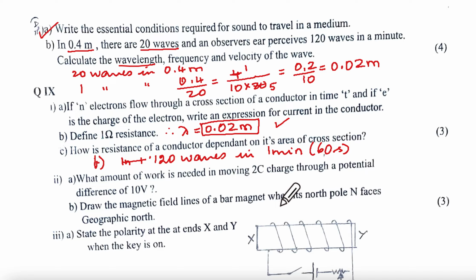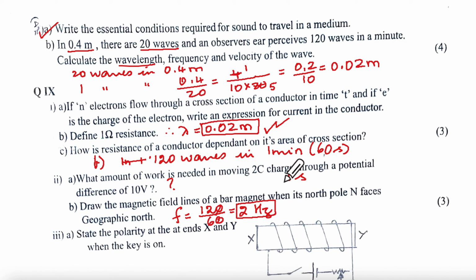Correct? So how many waves in 1 second? That will be the frequency, correct? Number of waves in 1 second will be what upon what? 120 upon how much is it? Understanding?